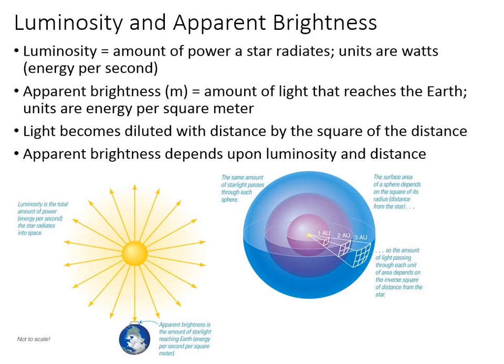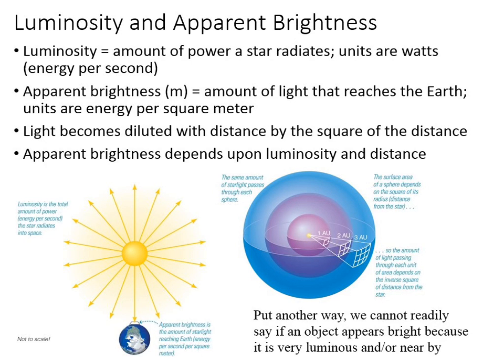So how bright a star appears depends both upon the energy it's putting out, that's luminosity, and how close or how far away it is from us. Put another way, you really can't say a lot. You can enjoy the stars in the nighttime sky, but you really can't say a whole lot about comparing them because you don't know what the distance factor is.